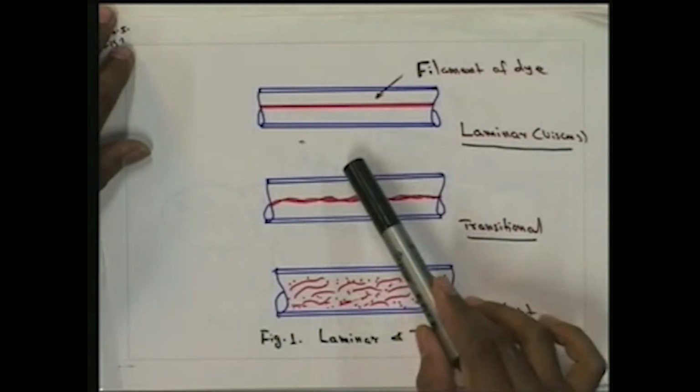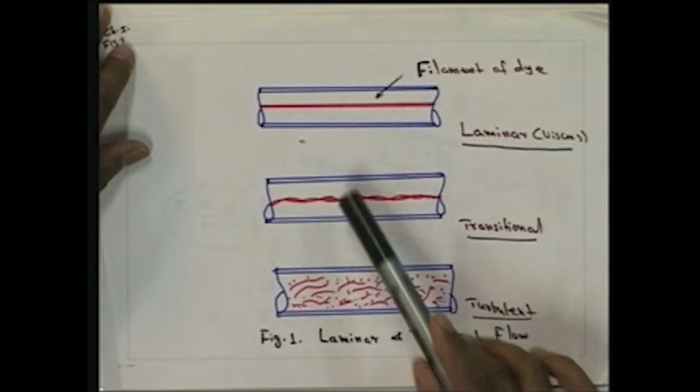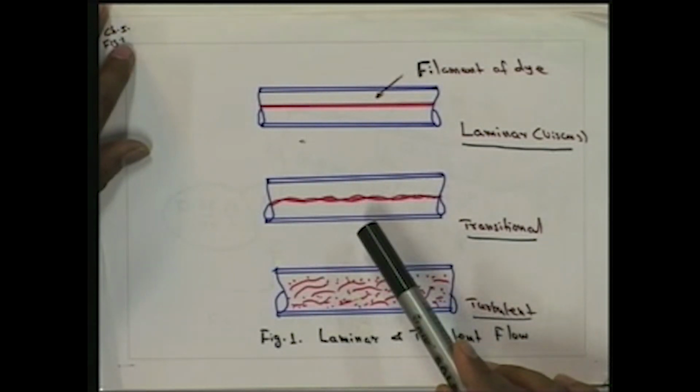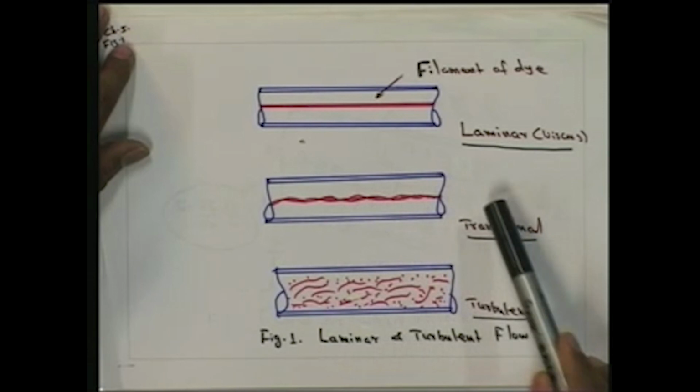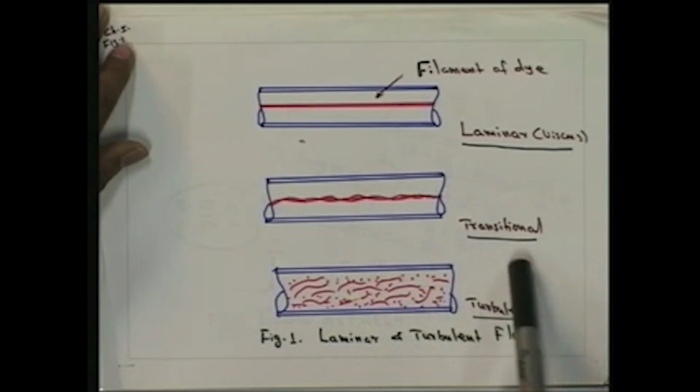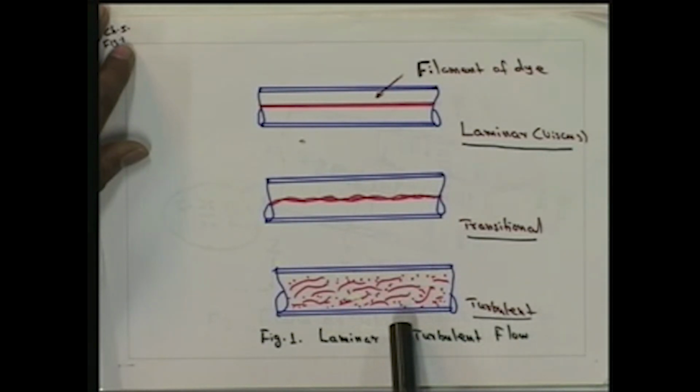Then when we increase the velocity of the pipe flow, a lot of disturbance takes place, a transition stage comes, and finally, if you increase the velocity, the flow becomes turbulent. This is the laminar and turbulent flow which we discussed in the beginning of this chapter.